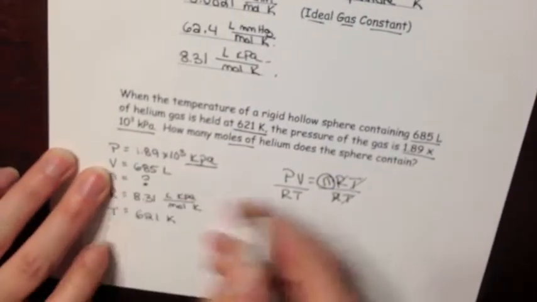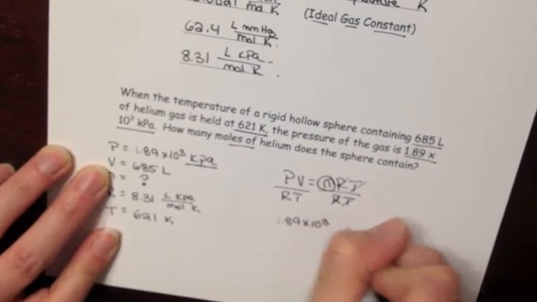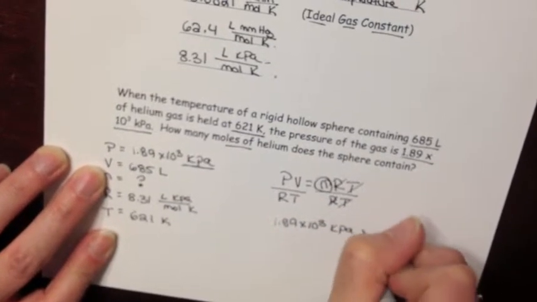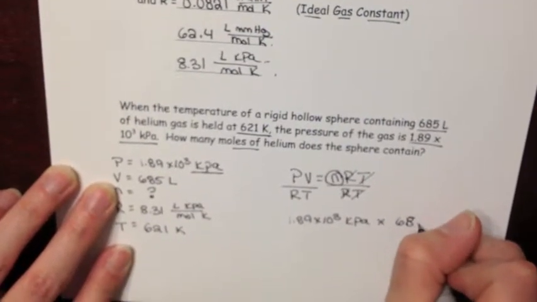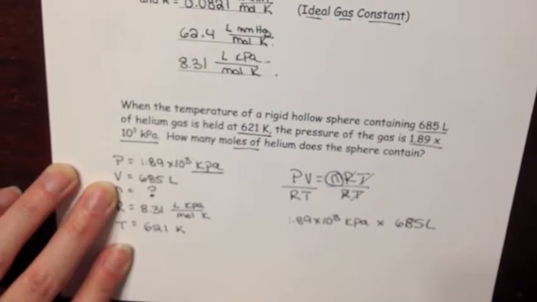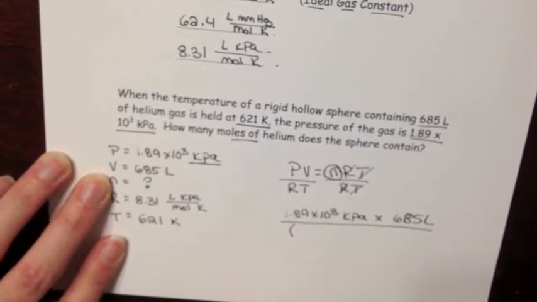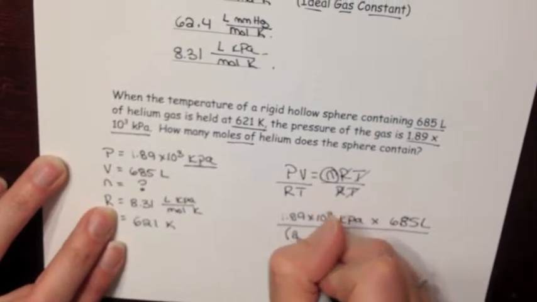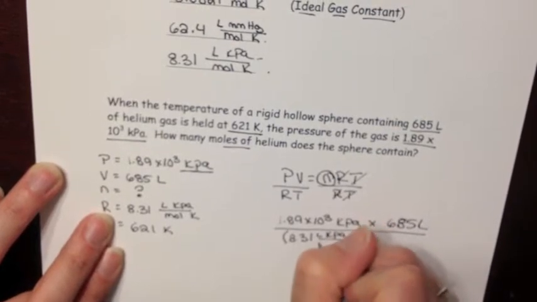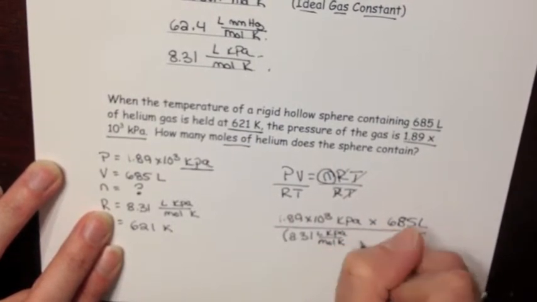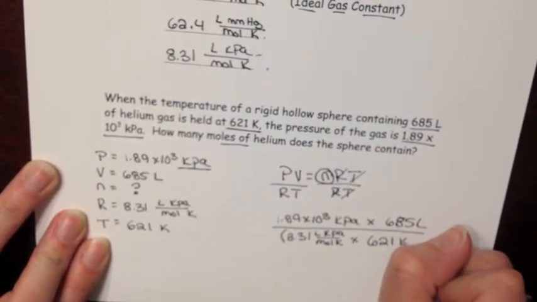I will plug in my values: my pressure of 1.89 times 10 to the third kilopascals times my volume, 685 liters, over, remember to use parentheses if you're dividing by more than one quantity, 8.31 liter kilopascals per mole Kelvin times 621 Kelvin.